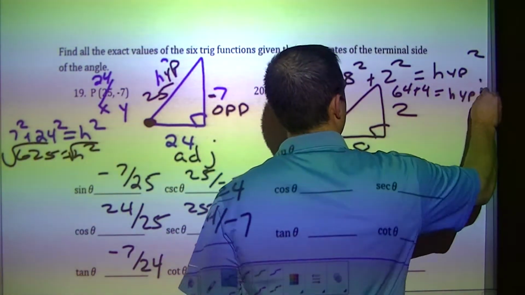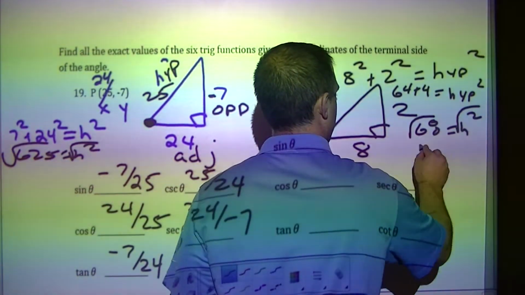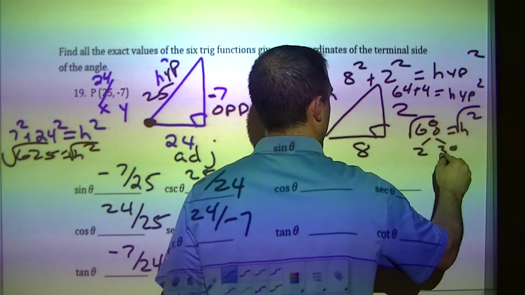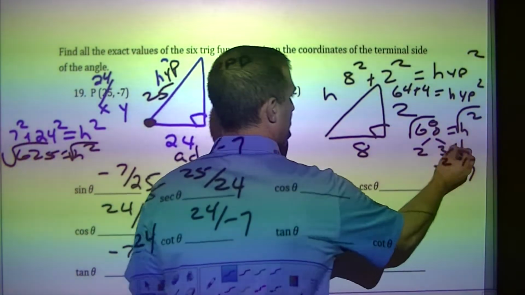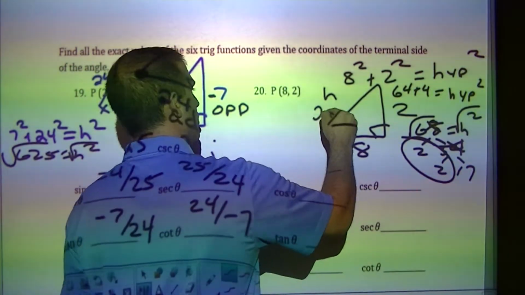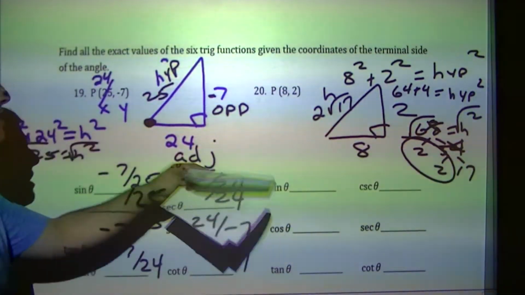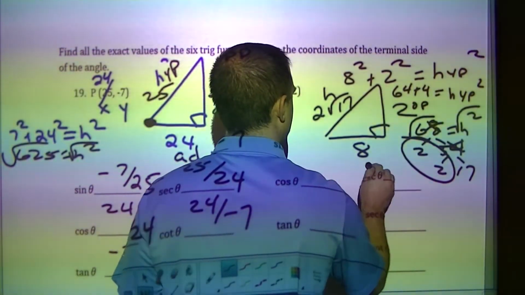Height squared, so 68 equals my hypotenuse squared. I'm going to take the square root of that and break it down: 2 and 34, 2 and 17. Can't use these anymore. Here's my pair, so that is going to be 2 square root of 17. Everything is positive here. Here's my hypotenuse, here's my opposite, here's my adjacent.